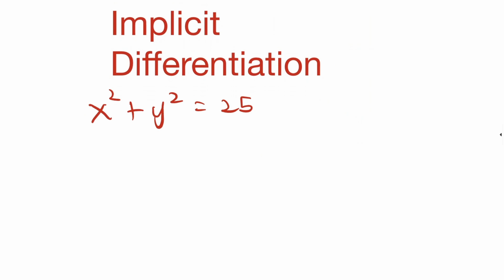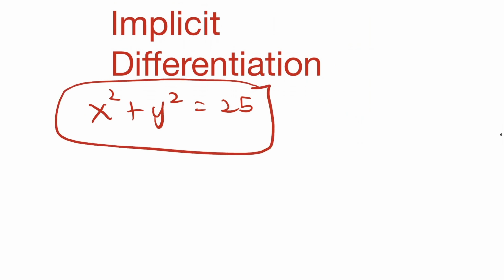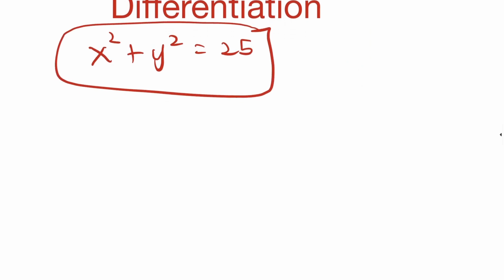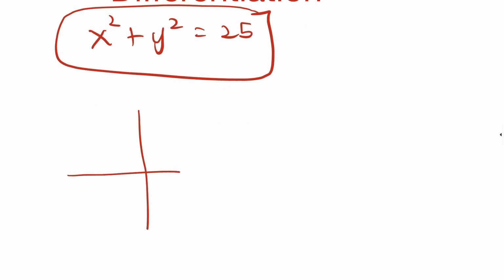So today we're going to talk about implicit differentiation. Suppose you have an equation like the one that I have right here, and if you know what this looks like, it's going to be a circle with radius of 5, centered at 0, 0.